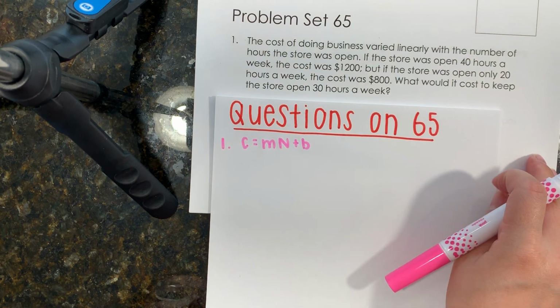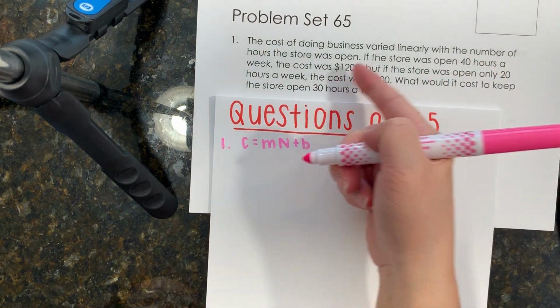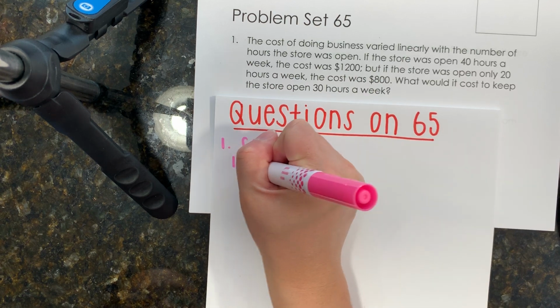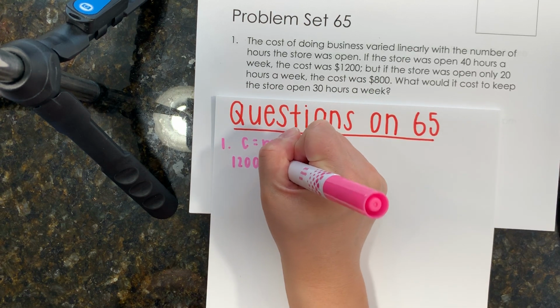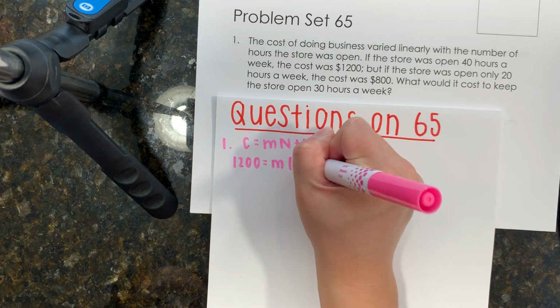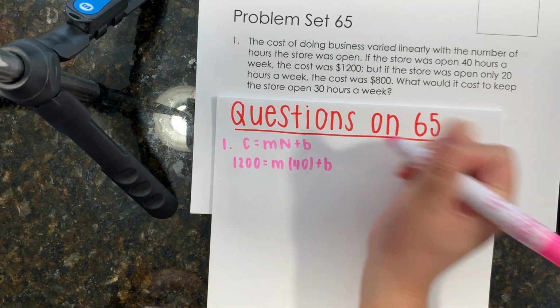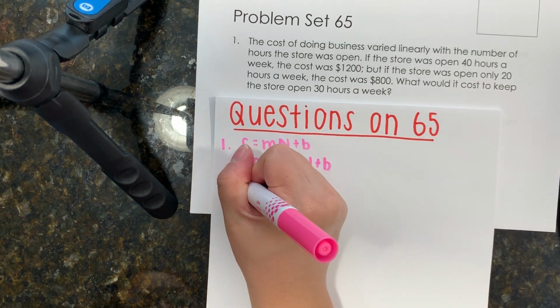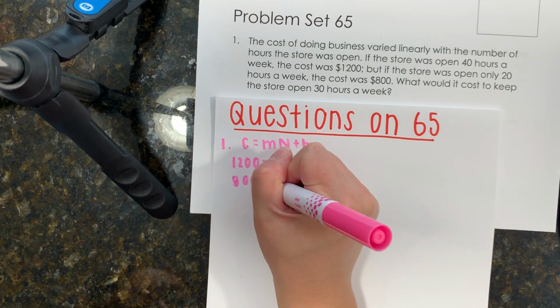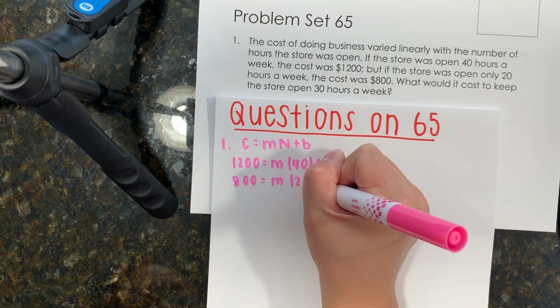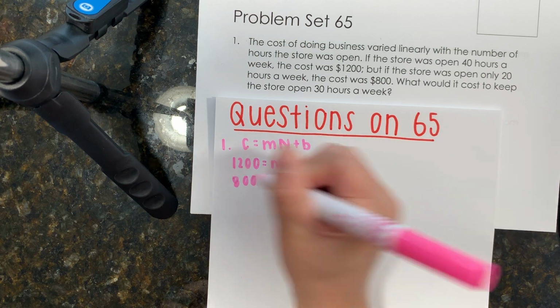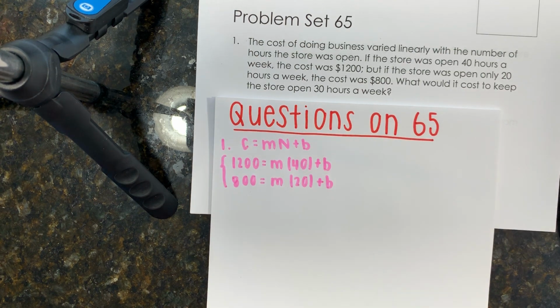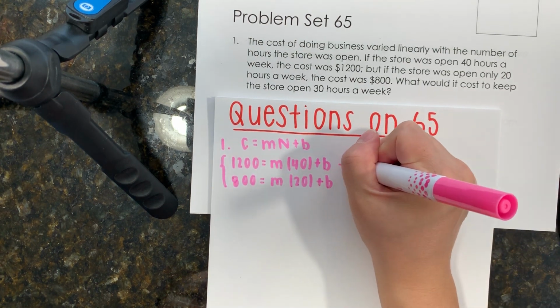So we're going to come up with two equations based off of these numbers. It says $1,200 for 40 hours. And then it says $800 for 20 hours. Now I have to solve for M and B. So I'm going to leave the top equation as is.